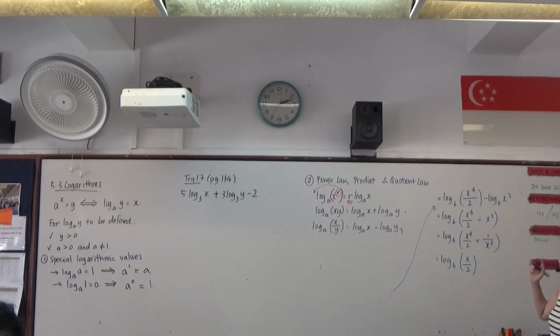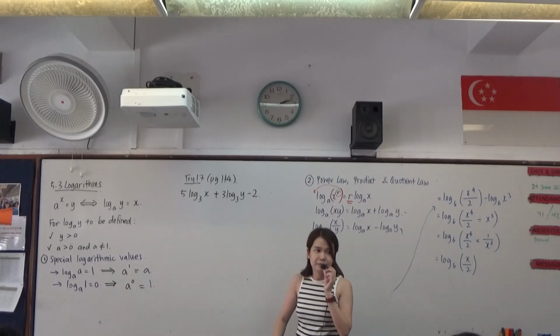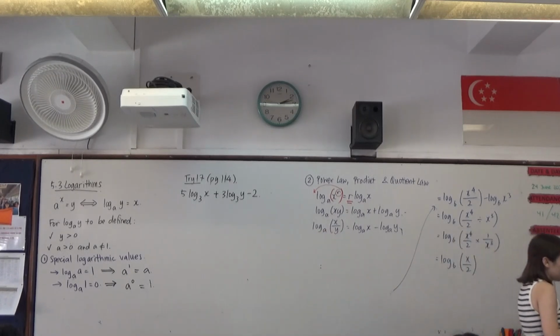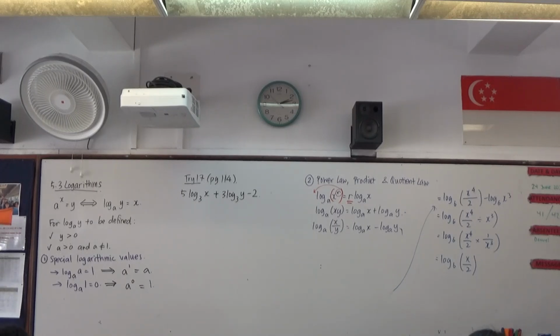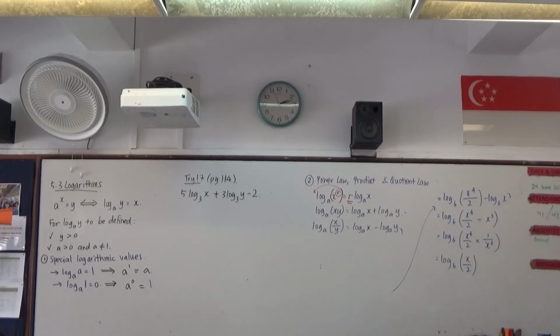I'll give you about 2 minutes to think about how am I going to transform this into a single logarithm, especially when this 2 over here doesn't have a logarithm in it. What can we do to transform the 2? Think about what is equivalent. Give you 2 minutes.